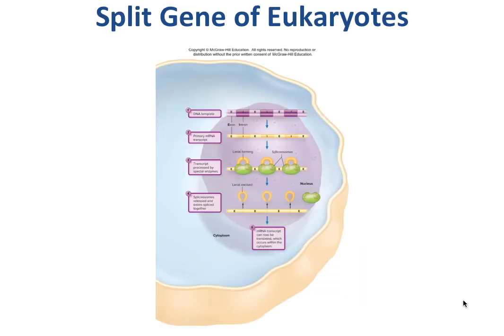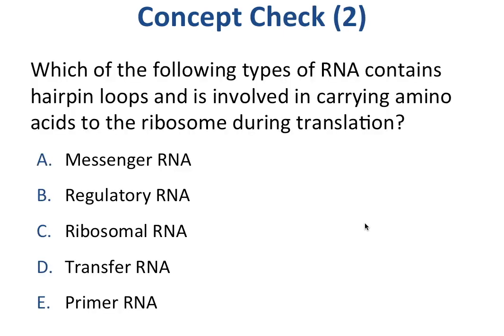Okay. So this diagram shows transcription and translation. This shows the introns. The introns have to be removed from the precursor messenger RNA. All the exons will be linked together to make the mature messenger RNA.